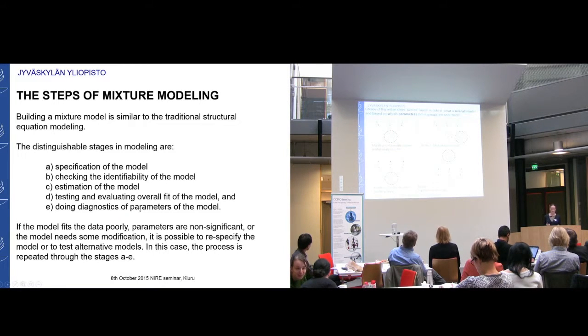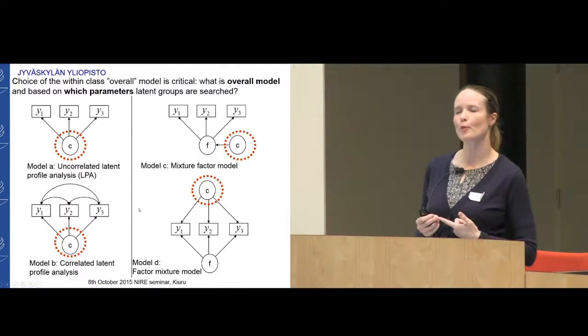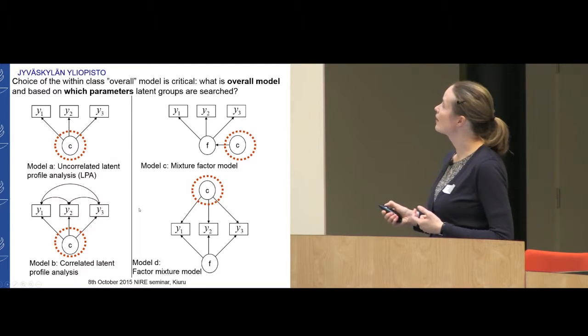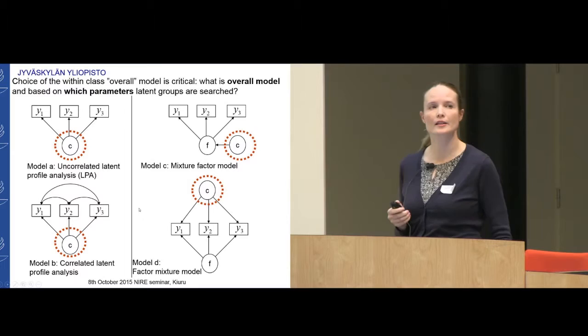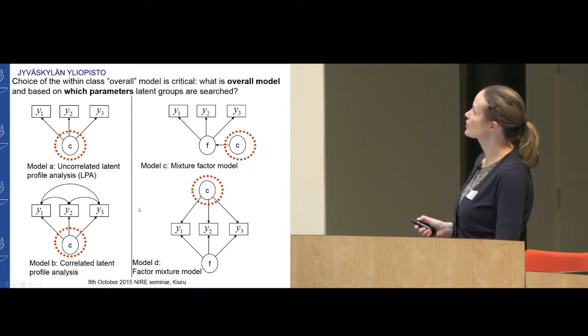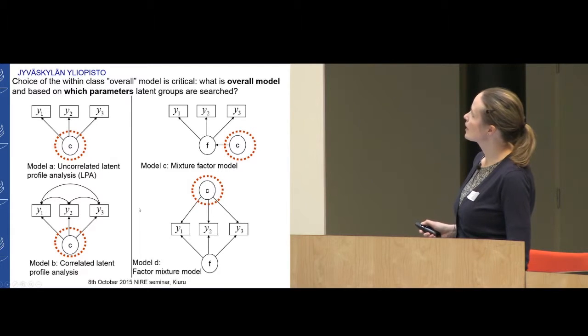Yes, and then I guess two more slides before going to the empirical application. There are some alternative models to think about. This first model is the basic latent profile analysis model. There are three Y variables, and after accounting for this latent categorical variable c, these Y variables are assumed to be independent.